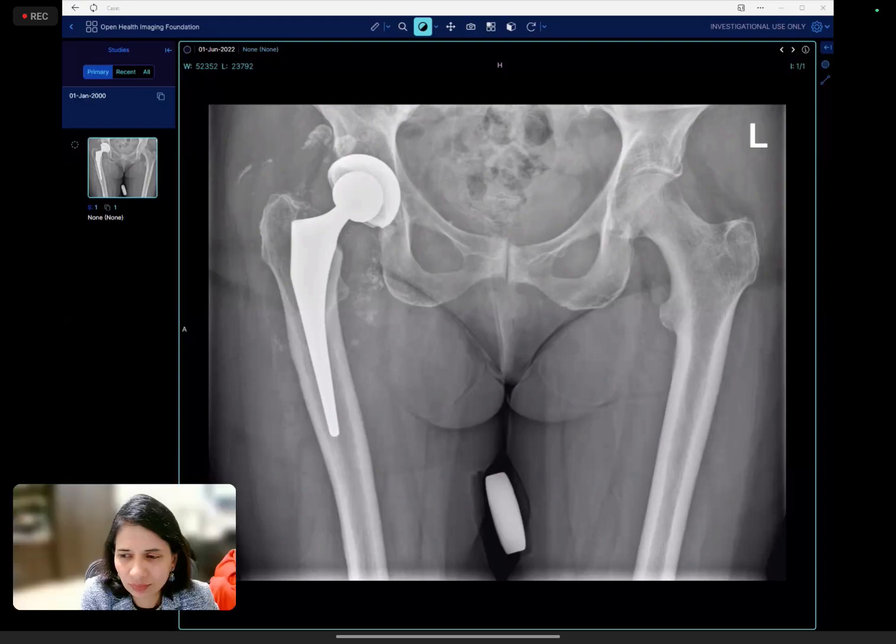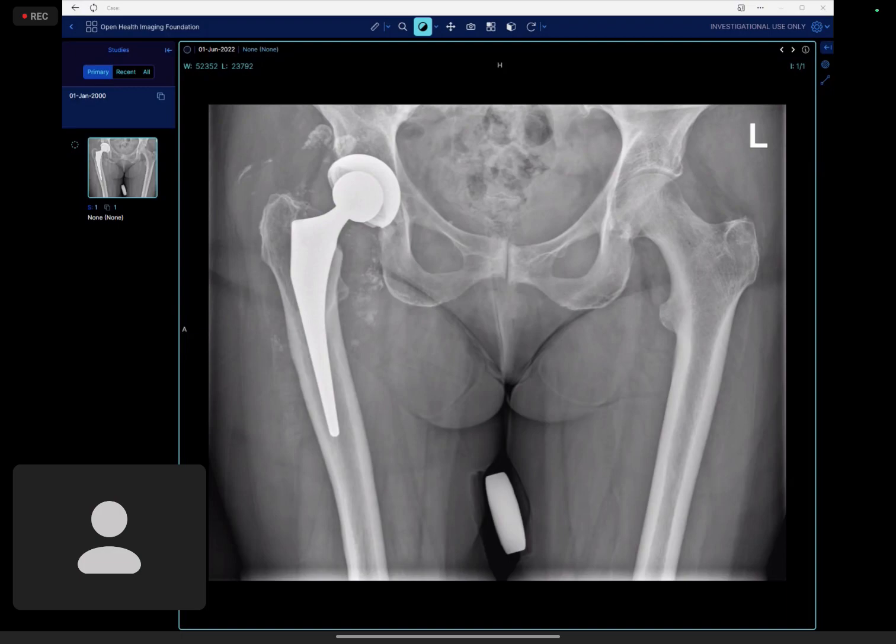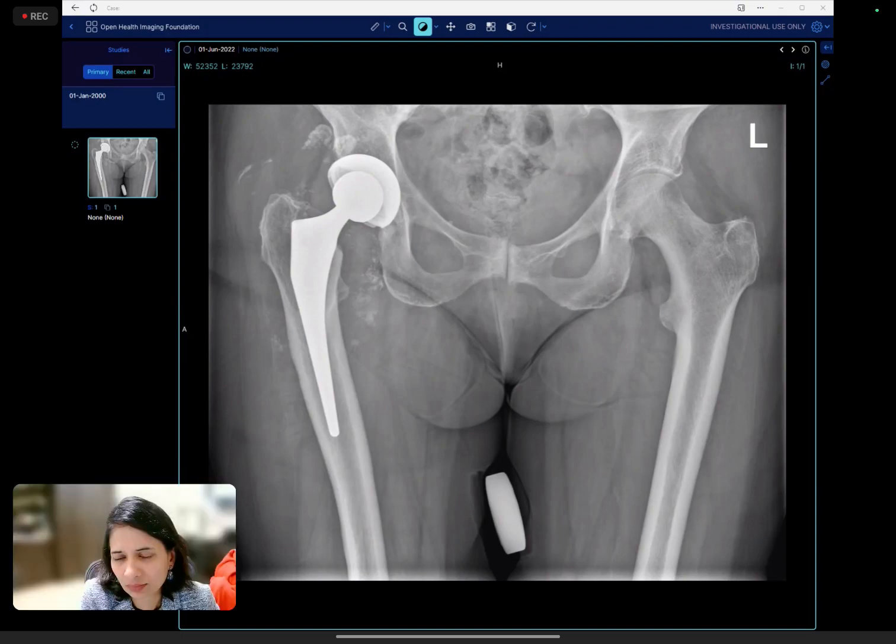I can see multiple particles, soft tissue opacities adjacent to the right hip joint, and in the right acetabular roof, superior to the femoral head prosthesis, I can see a smoothly defined lytic lesion.